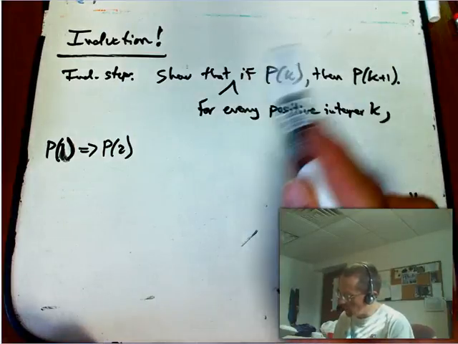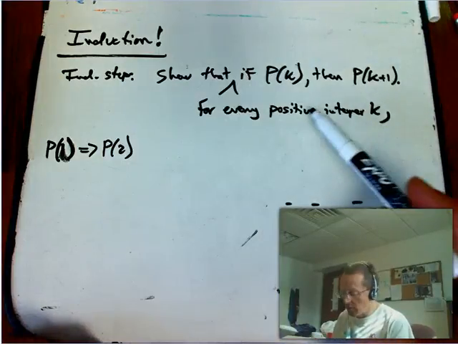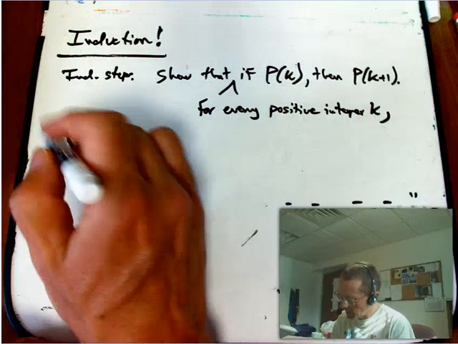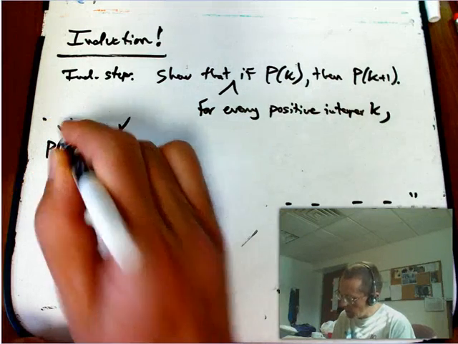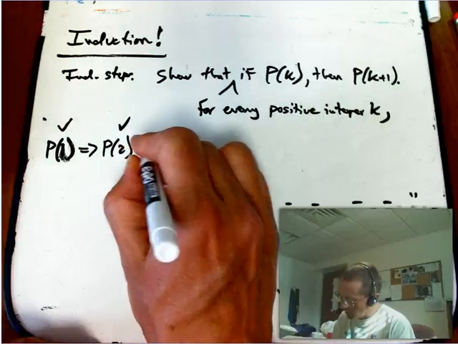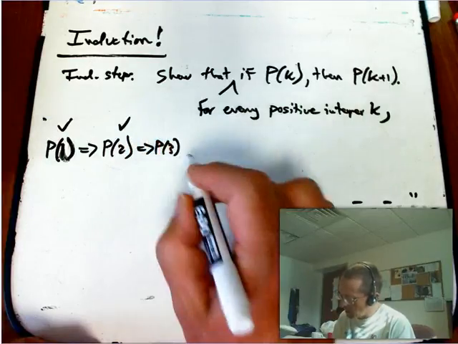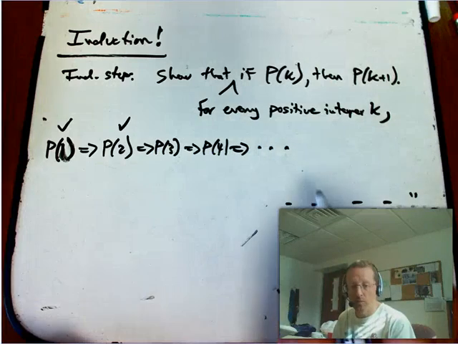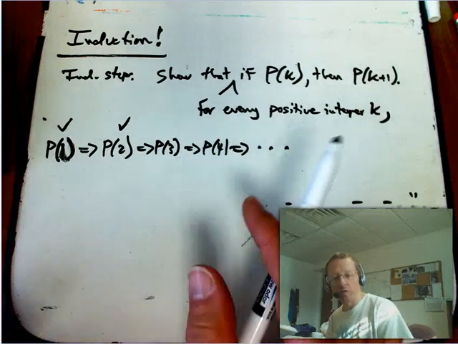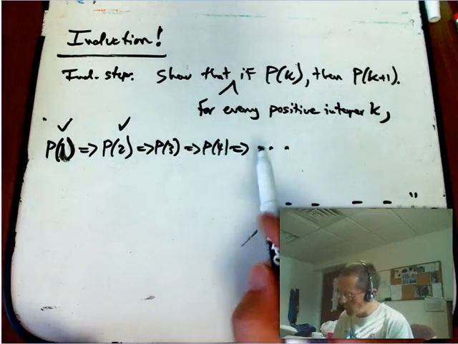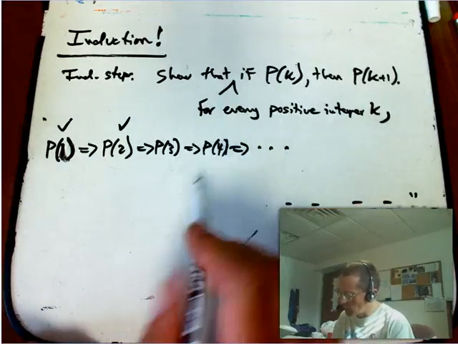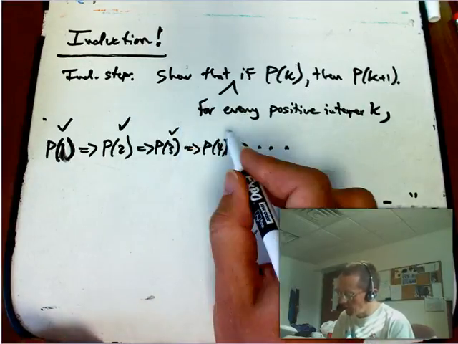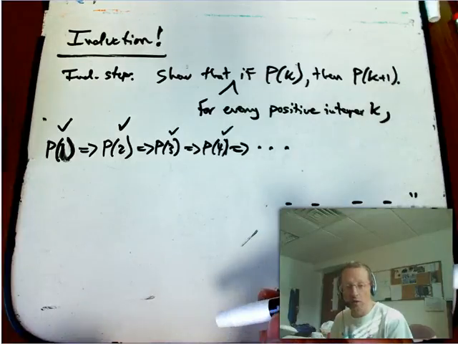Now I apply this where K is 2. I happen to now know that P of 2 is true, and now I can use that to show that P of 3 is true. And then that shows that P of 4 is true, and it never stops. And that's the big thing. That's where infinity kind of comes in here in a very, very basic way in mathematics, that we can assert that this is never going to stop, that it's going to be true for all positive integers.